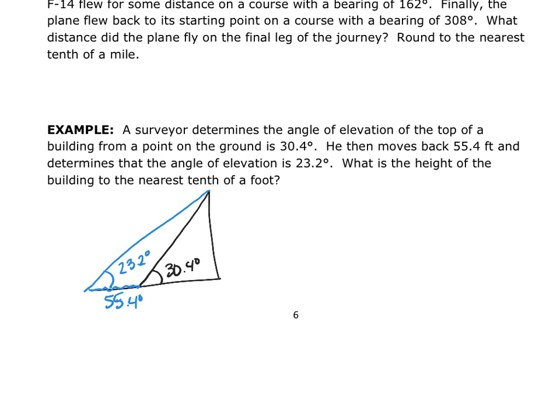So what I want is to be able to find this right here. Or I want to find this. So what I'm going to start out with, make my life easy, is I know that this angle right here, I'll do this in green, is going to be 180 minus 30.4 because I'm on a straight line.